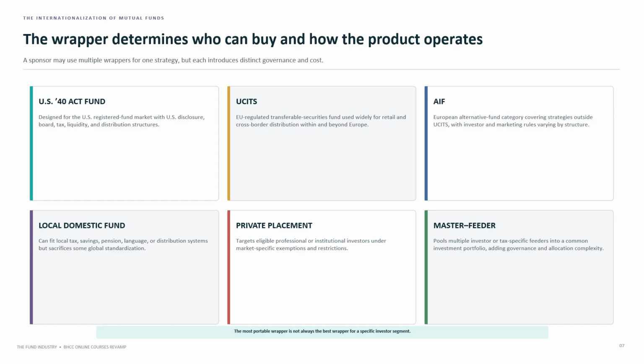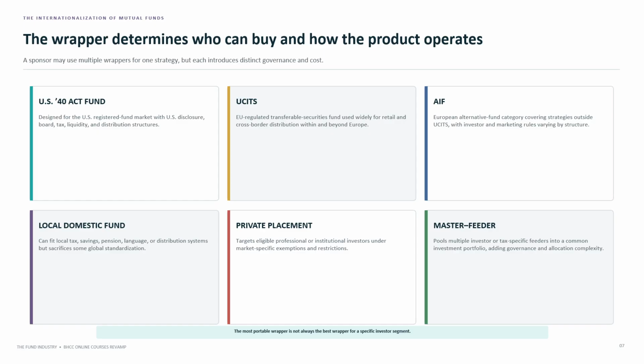A local domestic fund may fit local tax, pension, savings, language, or distributor systems better than a portable international wrapper, but it sacrifices standardization. A private placement can target eligible professional or institutional investors under market-specific exemptions. A master feeder structure can pool several tax or investor-specific feeders into one portfolio while adding allocation, governance, and operational complexity. One strategy may therefore appear in several wrappers.